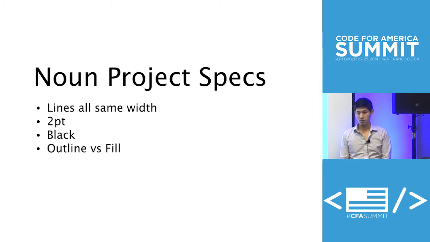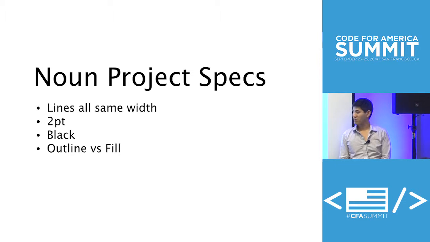And then I just wanted to touch on this. When we break into the digitization group, we can talk more about this, but these are basic Noun Project specs. So let's use the template if you want or not. One thing that makes icons look really great is to have all the lines the same width.